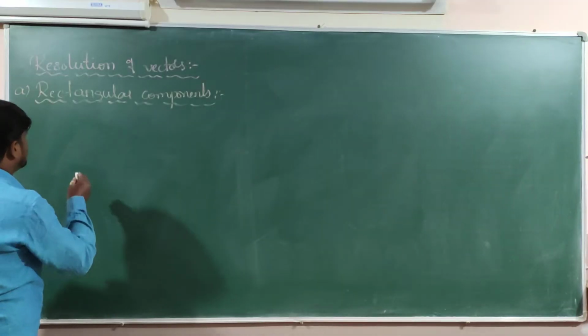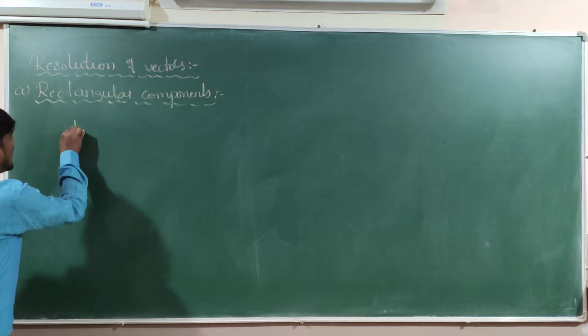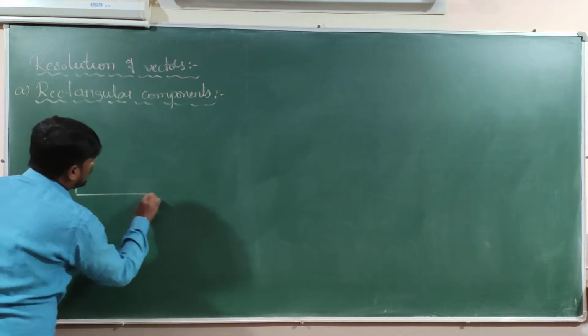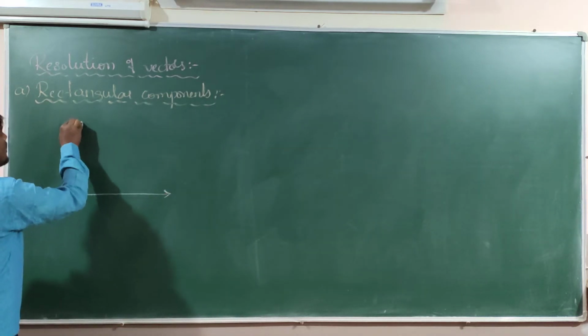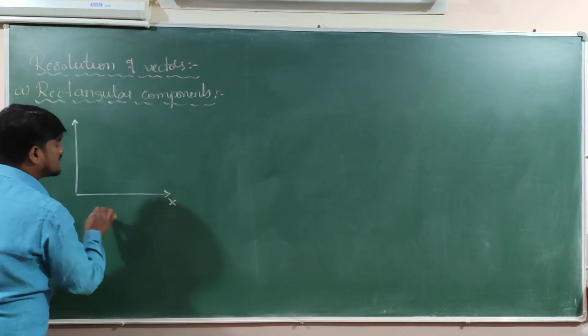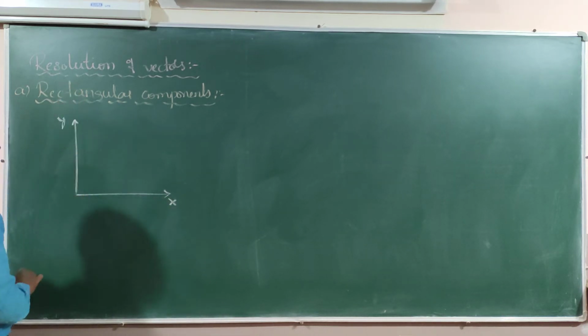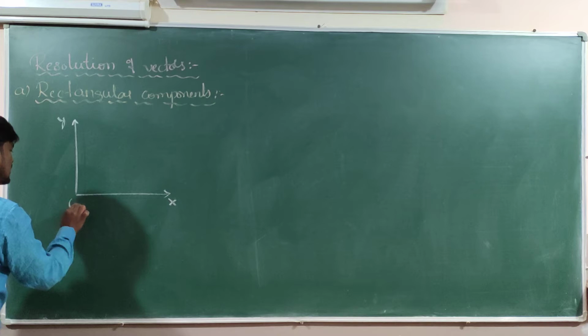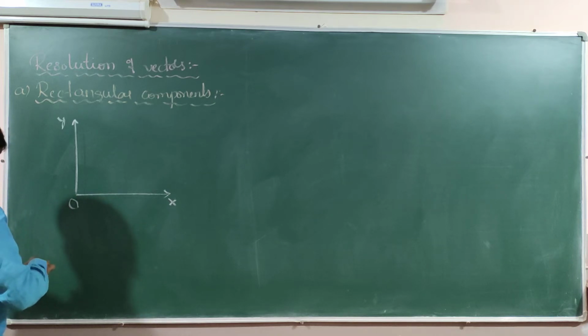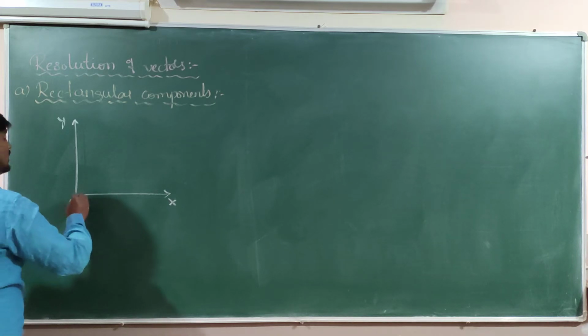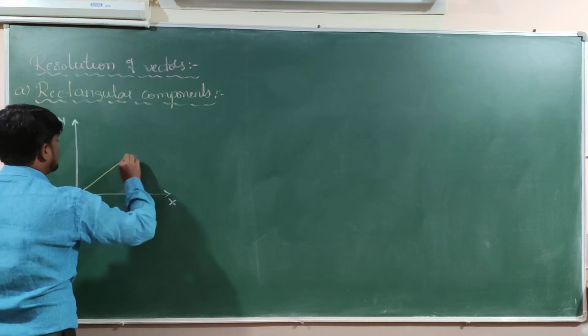Now friends, see here. I am going to consider a plane with this x-axis and this y-axis, having the origin O. Now let me consider a vector lying in the plane.